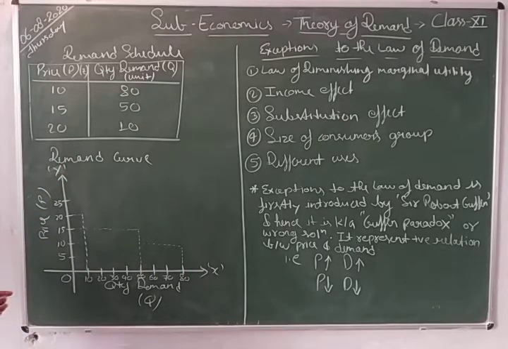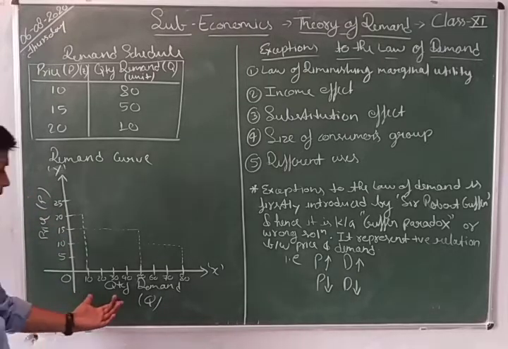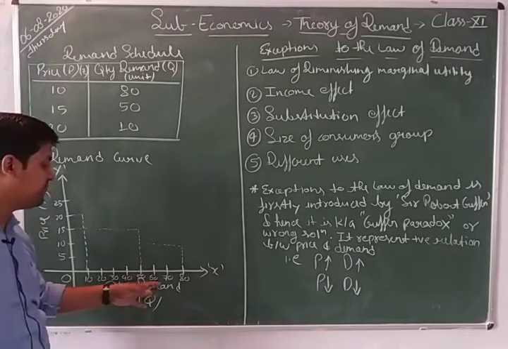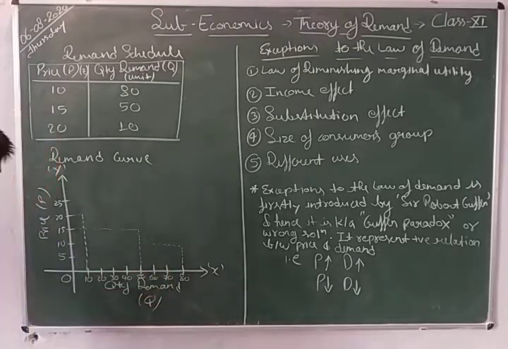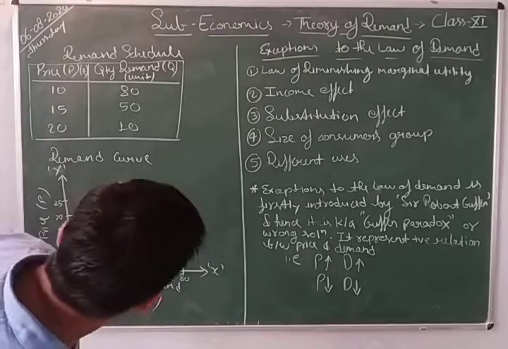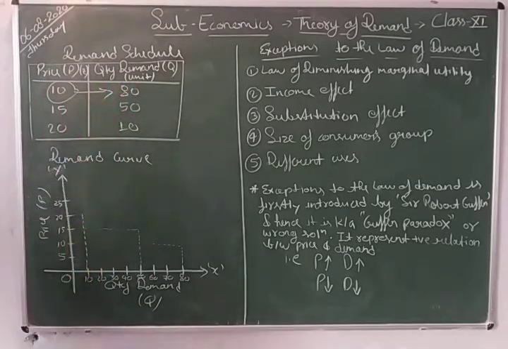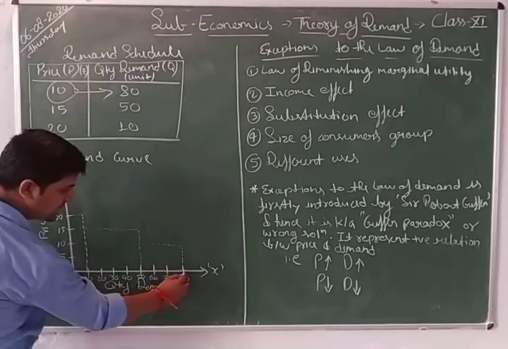The price is taken in steps of 5, that is 5, 10, 15, 20 and 25, and quantity demanded is given with a 10 unit gap, that is 10, 20, 30, 40, 50, 60 and 70. When the price of a commodity is rupees 10, then its quantity demanded is 80.